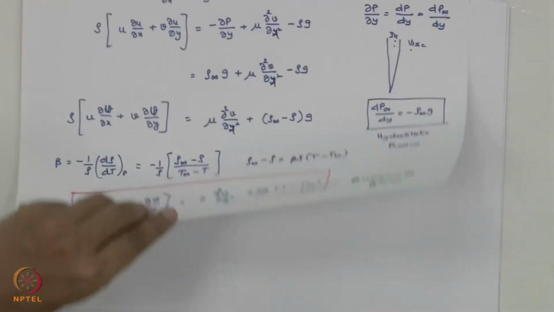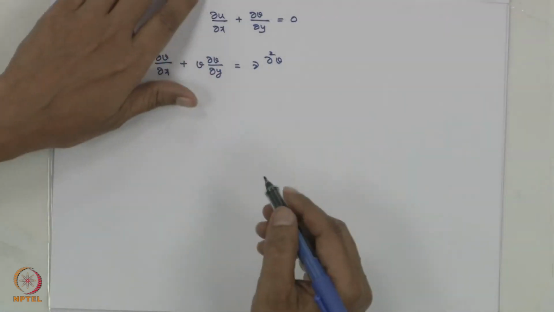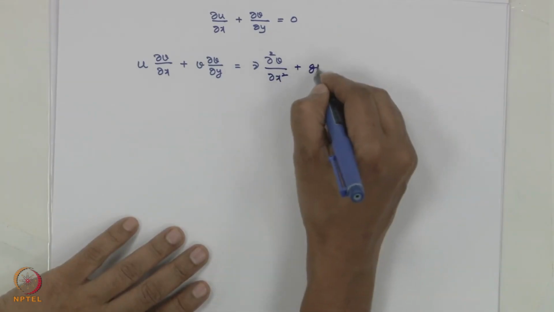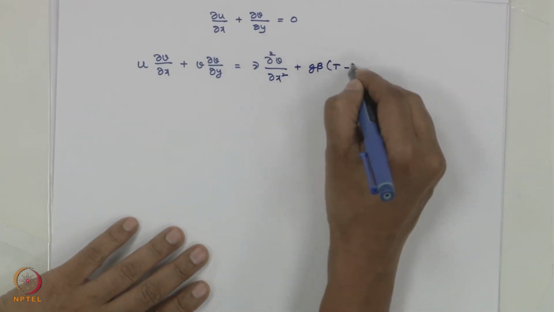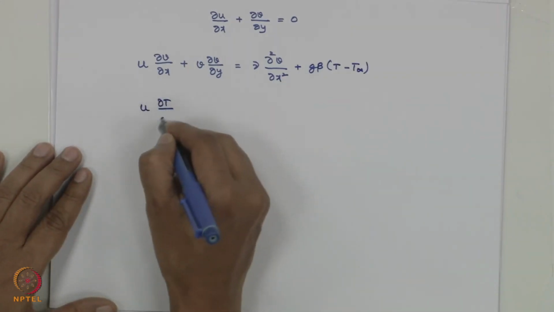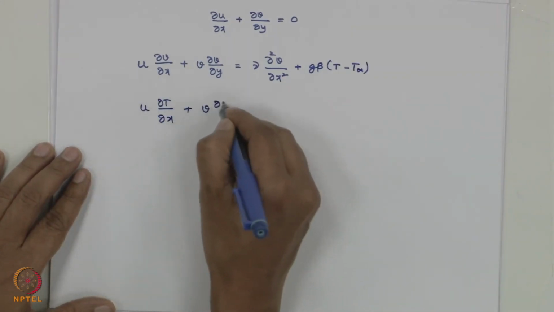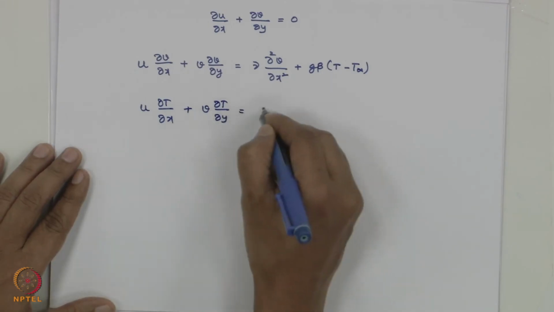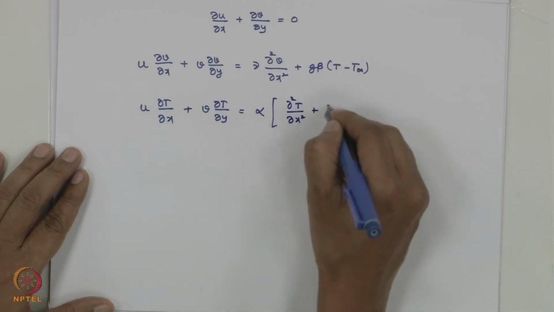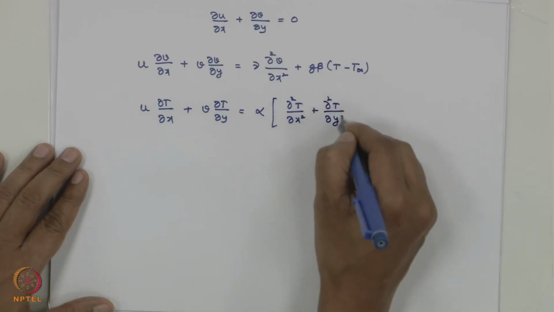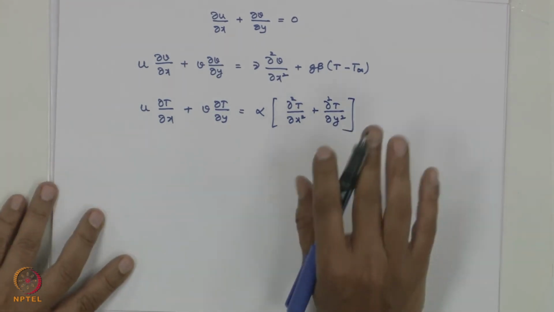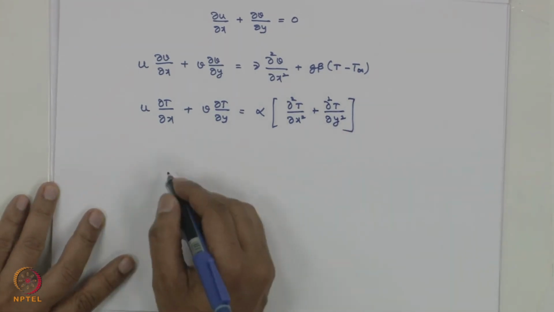Plus g beta into T minus T infinity. The energy equation is u del T by del x plus v del T by del y equal to alpha into del squared T by del x squared plus del squared T by del y squared. By the same argument, I can neglect del squared T by del y squared also, but for now I am keeping it because I have not taken the energy equation yet.